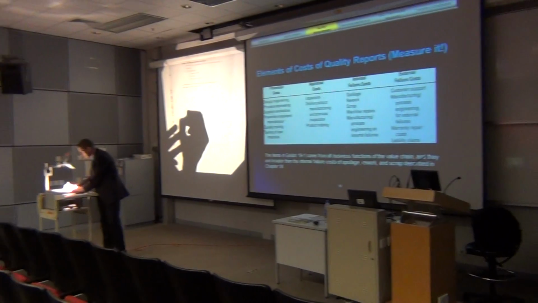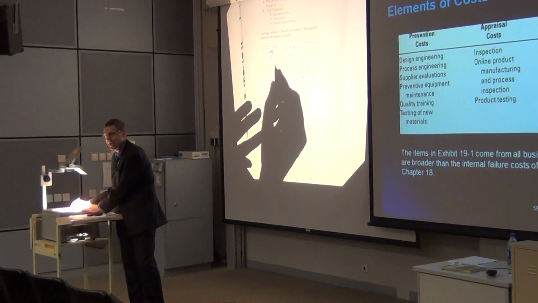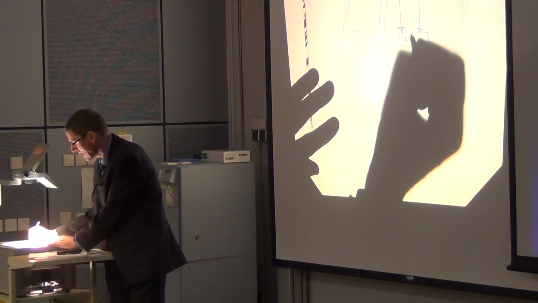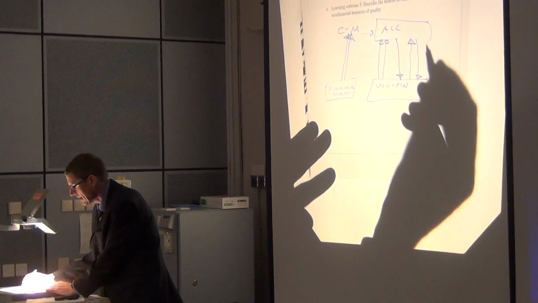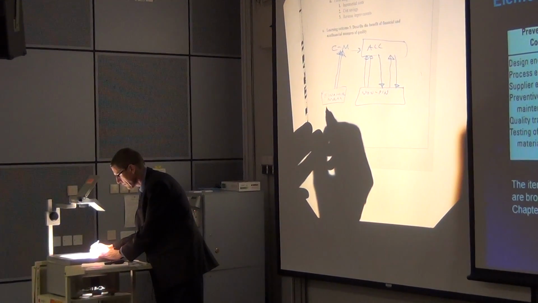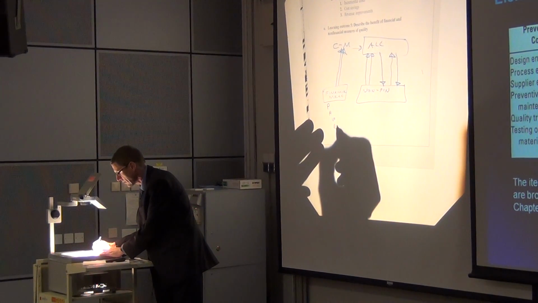Look, ultimately, you want to tell them good news, right? You don't want to tell them bad news. How do you do that? You look to the non-financial measures to give you regular feedback about how you are doing on prevention, appraisal, internal failure, and external failure.